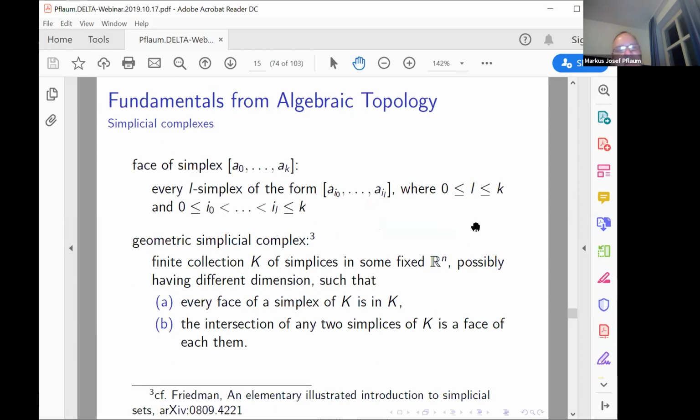And the second is, if you have two simplices in this collection and you look at the intersection, then the intersection must be a face of both of these simplices. This is a relatively restrictive condition, but it enables us to build up a homology theory.